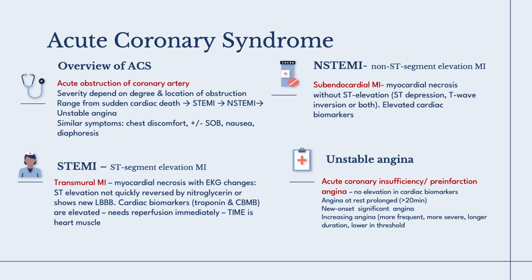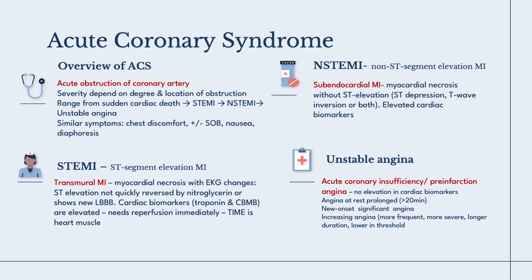And then unstable angina, it's treated just like a non-STEMI. So this is considered acute coronary insufficiency or a pre-infarction angina. So here you'll have no elevation in cardiac biomarkers, but what I will say is the troponins might not be sensitive enough at this point.